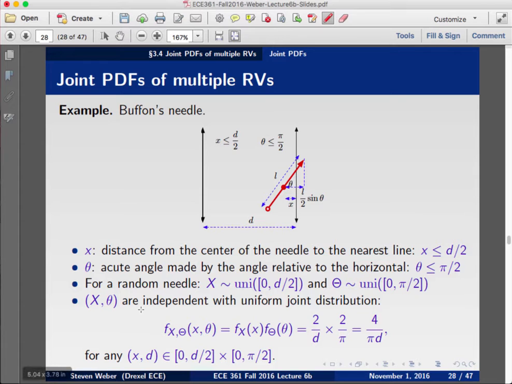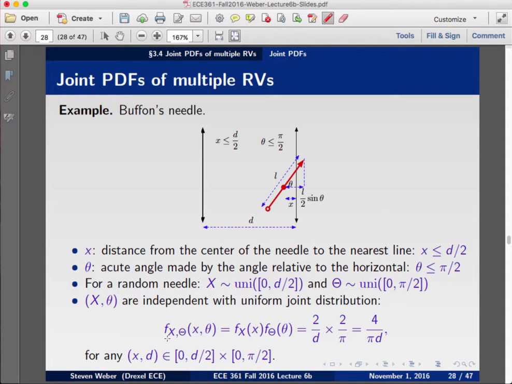And so it follows that the joint probability density function of the pair capital X, capital theta is the product of the marginal PDFs. We'll talk about this more when we talk about independence later this lecture or next lecture. But recall that in the discrete case, when we had independent discrete random variables, their joint probability mass function was the product of their marginal probability mass functions. The same thing holds true in the continuous case.